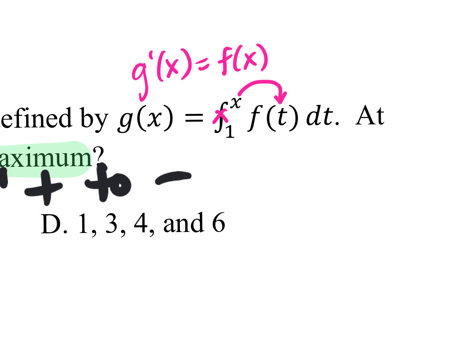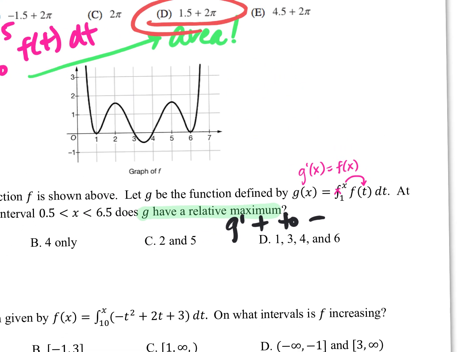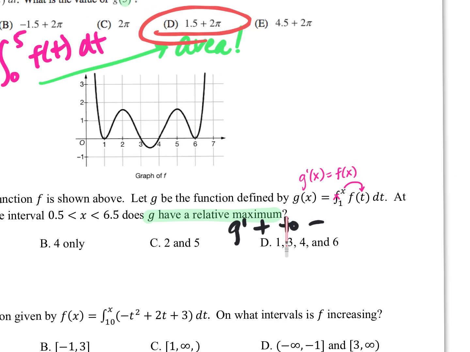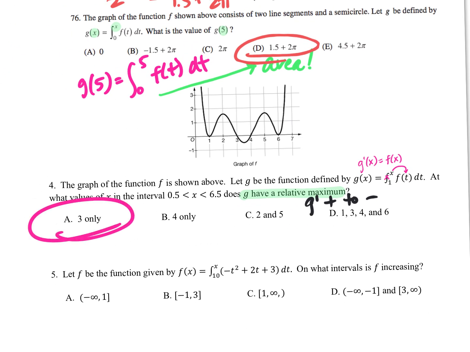We're looking for, like we already said, where g prime goes from positive to negative. Well, g prime is just f. We just wrote that. So we're really looking for where f goes from positive to negative. Where on this graph do my f values go from positive to negative? Just at 3, right?